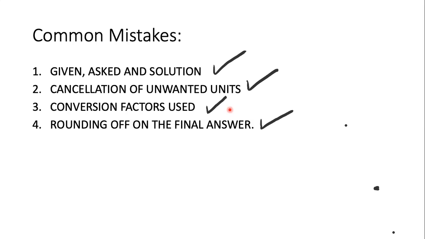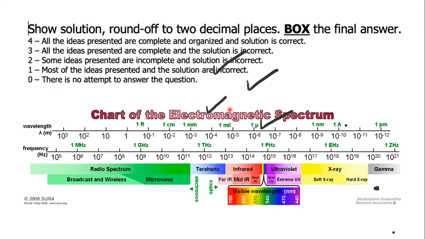Is that clear? Then, dear 10A, I just would like to explain. If you're asked to solve an equation, a word problem, a science problem that involves calculation, please familiarize yourselves with this rubric.